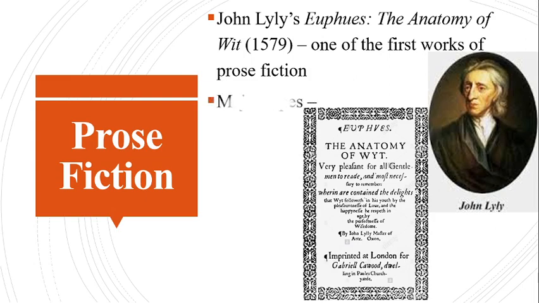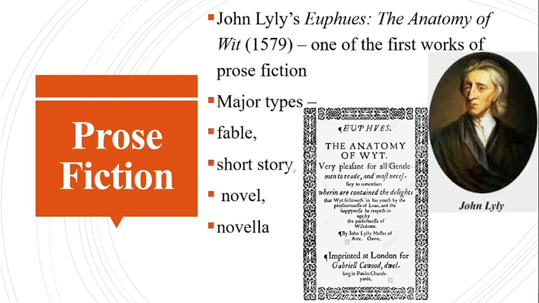Prose fiction now includes fable, short story, novel, novella, and other similar narratives. The prose used in fiction varies from writer to writer according to the nature, style, subject matter, and purpose.